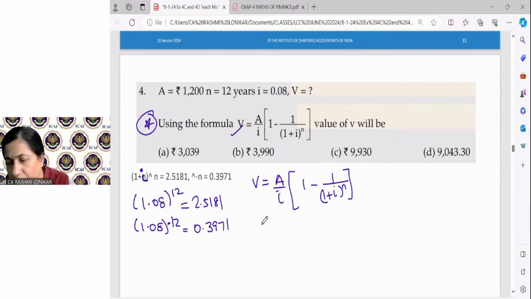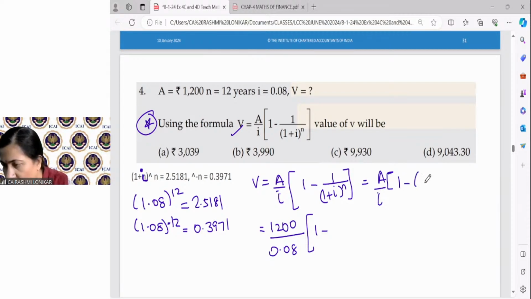Which is equal to, how much is A? 1200. How much is I? 0.08 into bracket 1 minus 1 upon 1 plus I raised to n. This is nothing but A upon I. Remember your indices, 1 minus (1 plus I) raised to minus n.